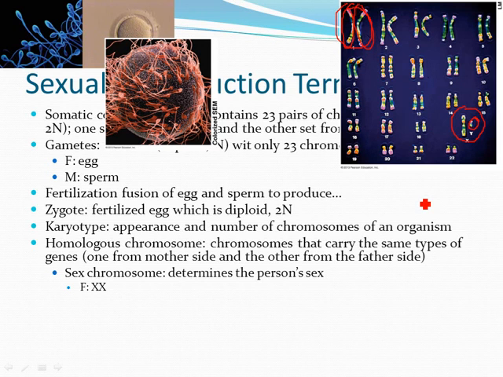Which could be a good thing too, especially when you're talking about missing chromosomes, like color blindness, a lot of X-linked traits, sex-linked traits and disorders. There are certain color blindness types that are sex-linked.